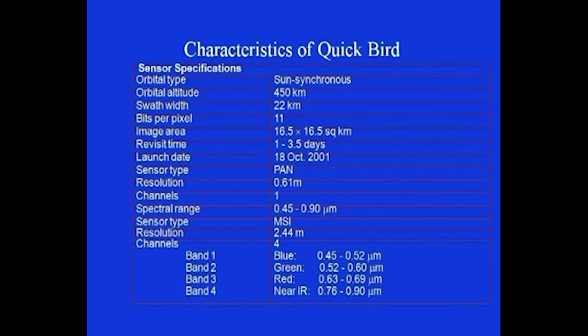Well, this particular slide shows the characteristics of the QuickBird. We can see it is a sun-synchronous satellite orbiting at an altitude of 450 kilometers with a swath width of 22 kilometers.